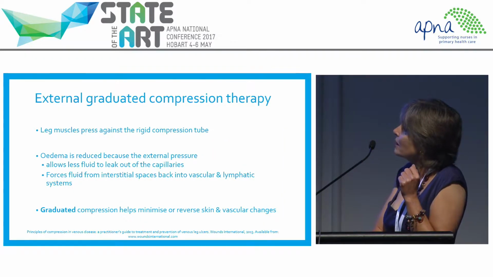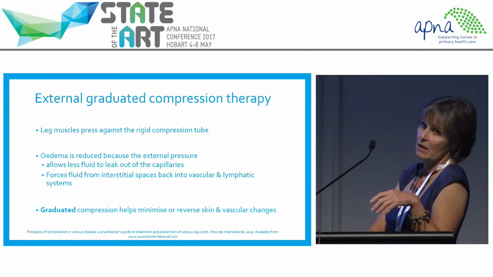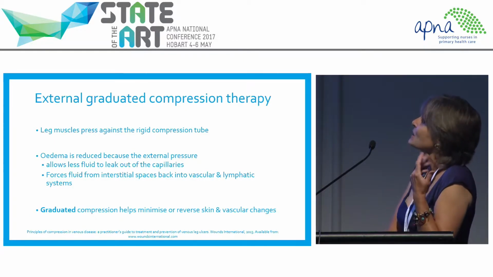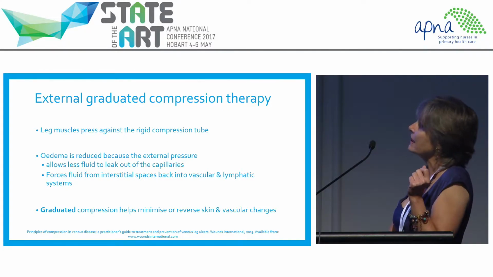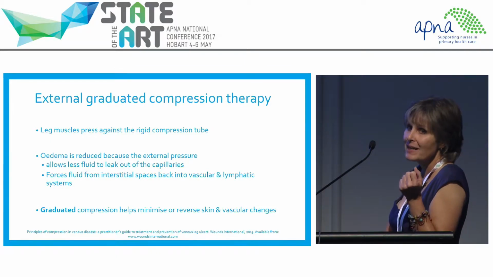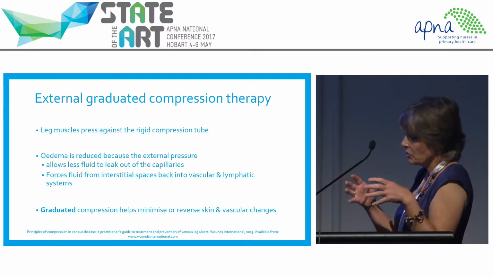So I'll just talk quickly about compression, because I've just put this in with dressings because it's sort of part of dressings. So we've talked about applying compression for venous leg ulcers, and the leg muscles press against that rigid tube of compression that we put onto that leg.